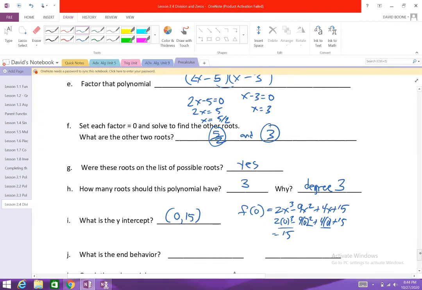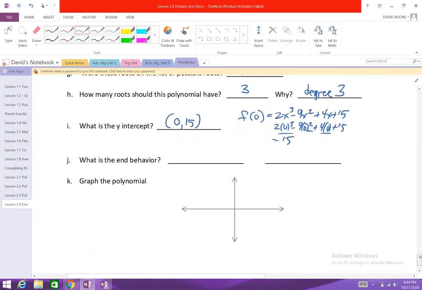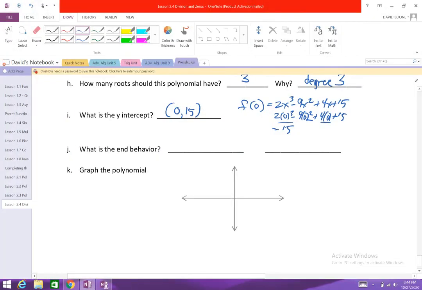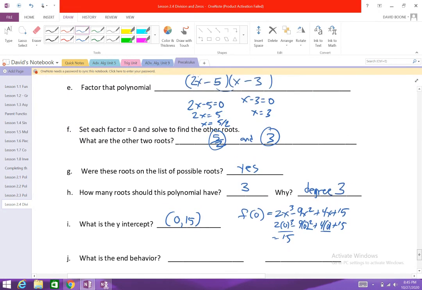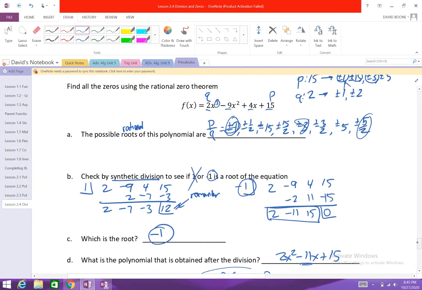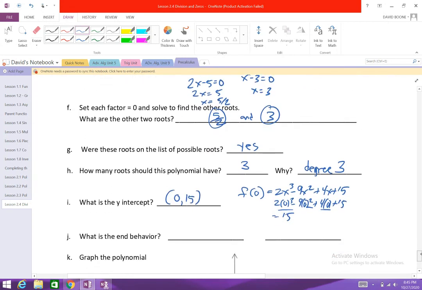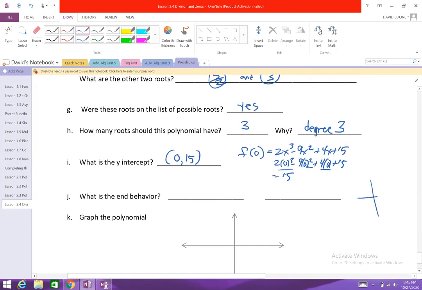So probably would have said maybe graph this polynomial first so we could then look at the end behavior. But in general, we can look at that end behavior first. Again, this is a third degree polynomial with a positive coefficient in front. So I know in general that this graph is doing something like this. Okay.